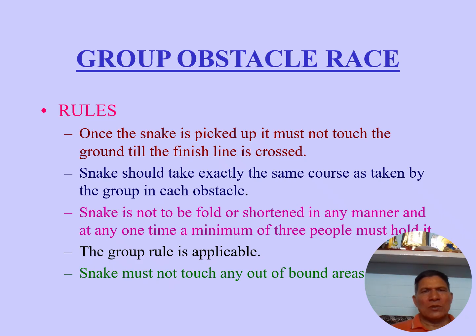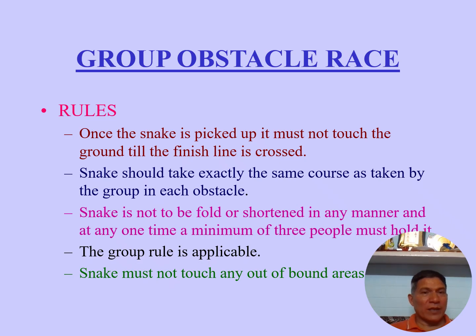So GOR, we read about the rules. Once the snake is picked up, it must not touch the ground till the finish line is crossed. You will be given a snake, basically made up of some clothes, and then that snake the group has to lift. It will be a little heavier also.